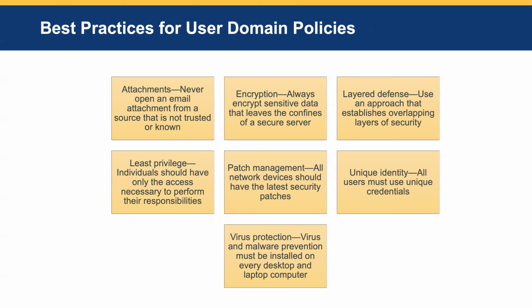We also need to have appropriate mechanisms in place that will be useful to establish a layered defense. With a layered defense, we want to provide an approach that establishes various layers of security that are all overlapping to provide for a maximum range of protection.